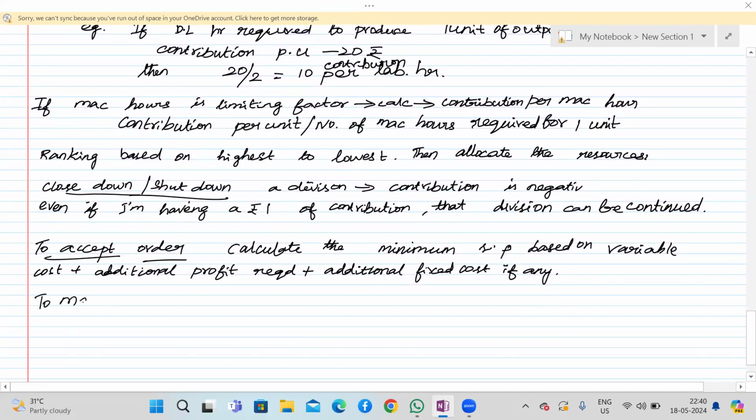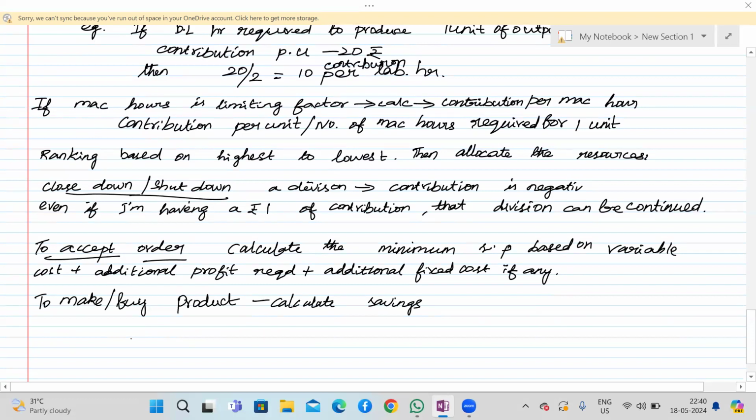Then make or buy. Either I can buy a product or I can make it on my own. So in this case, I want to calculate savings.